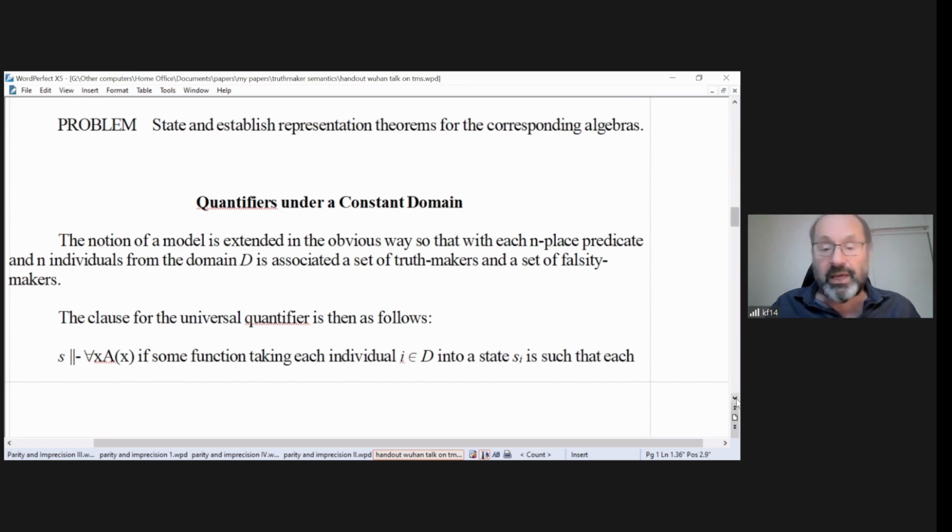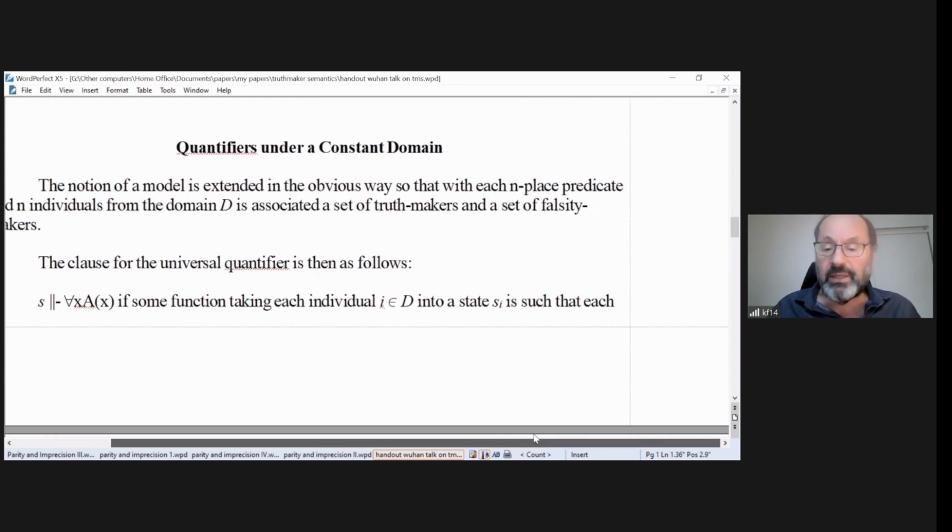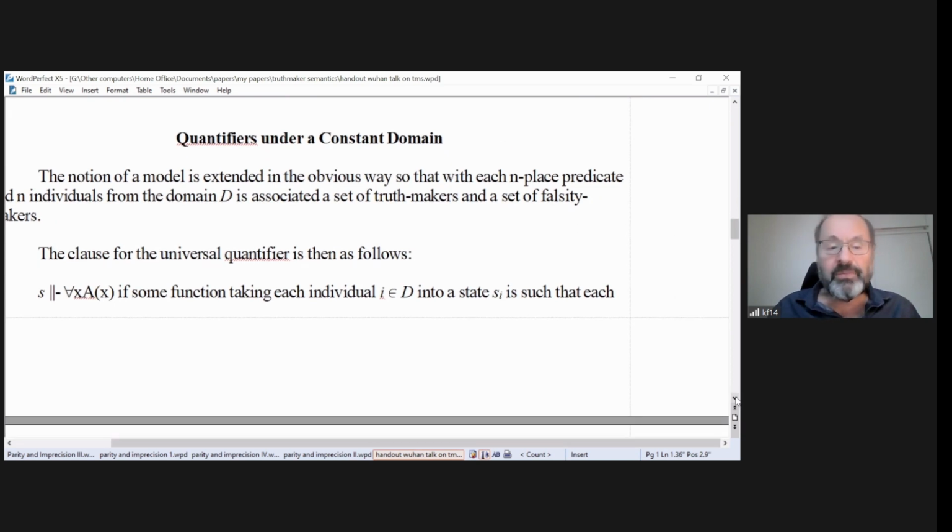And then this will give us the following semantic clause. For some reason, I can't see the whole thing, because I don't know if I can move this. Never mind, I hope you can see the whole thing. What it says is, when does a state make a universal formula, for all x, A of x, true?